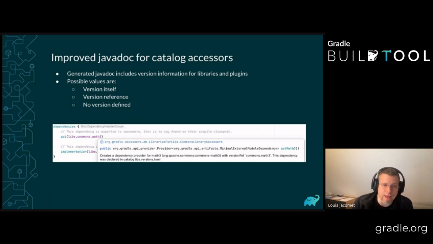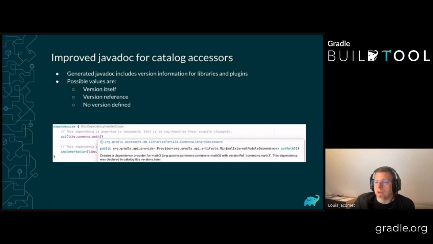You can either have the version itself, or the information that the accessor uses a version reference, and then you would find the exact version in the Javadoc of that version reference, or the fact that no version has been defined, since there are ways to define both plugins and library entries in a version catalog without a version. For example, when you leverage platforms or things like that.